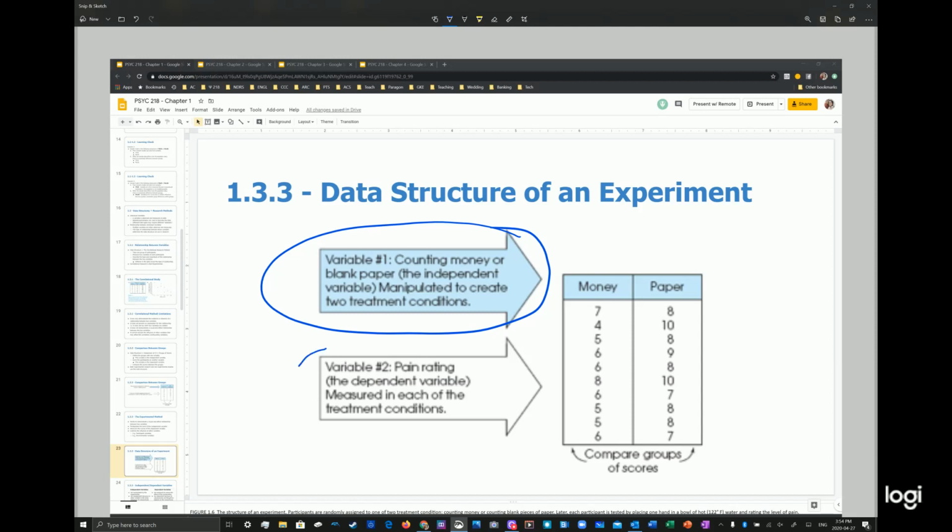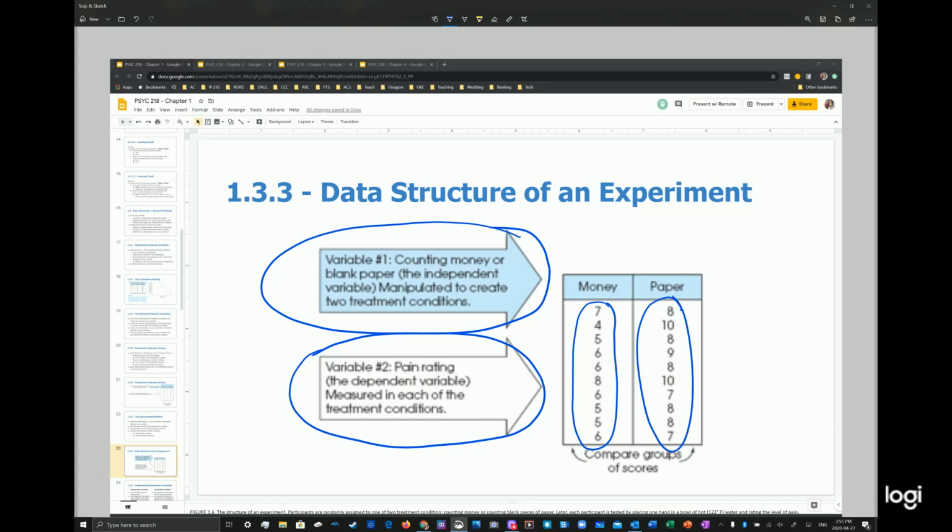And we have the pain rating when you're actually doing the motion of lifting and counting paper, and what that person says about how painful the activity is. It would appear that the group told they're counting money would report less pain than the group counting paper. You can think about the reasons for this, but again, focus on the structure.